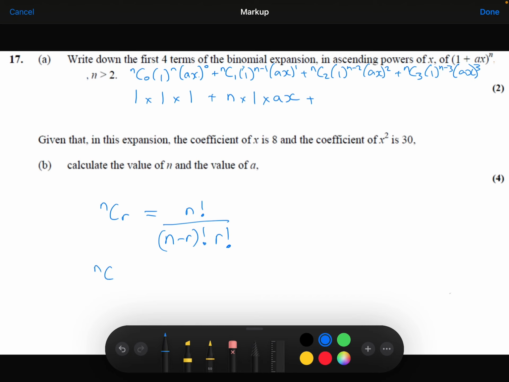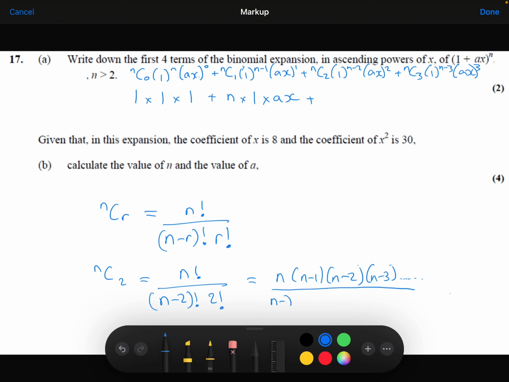So nC2 would be n factorial over (n minus 2) factorial times 2 factorial. n factorial means n times n minus 1 times n minus 2 times n minus 3 and so on. (n minus 2) factorial means n minus 2 times n minus 3 and so on. And 2 factorial means 2 times 1, which is 2.